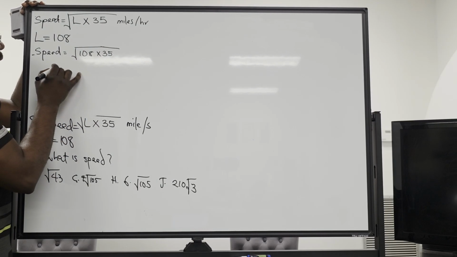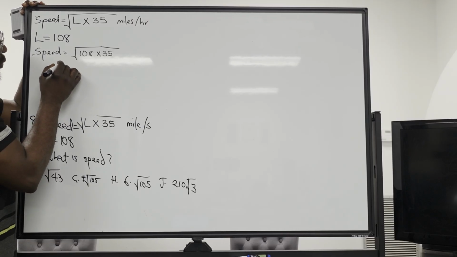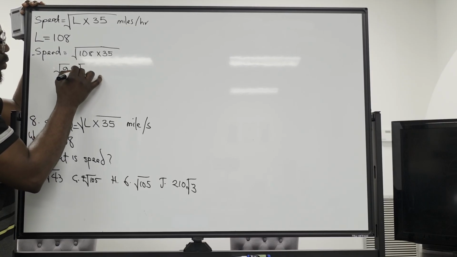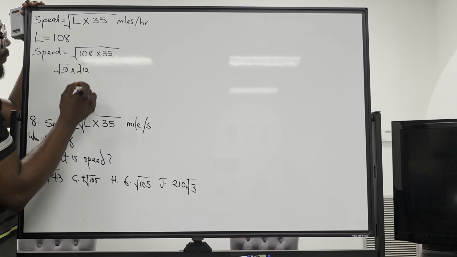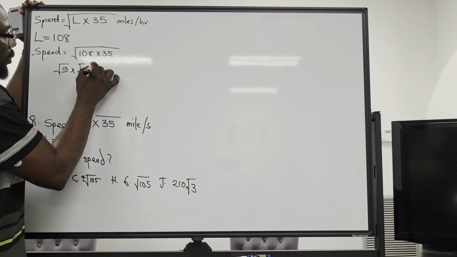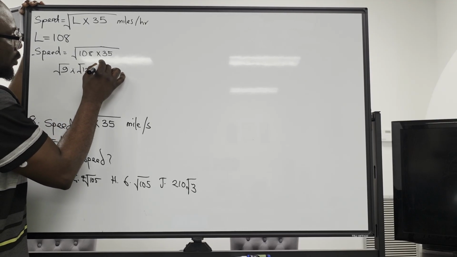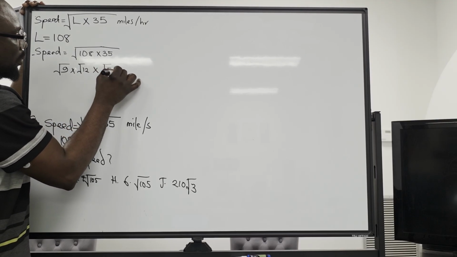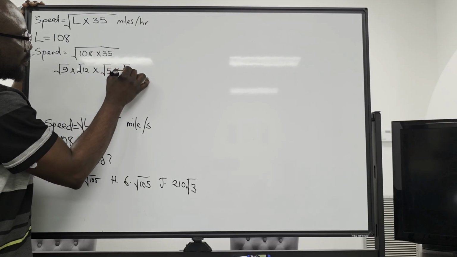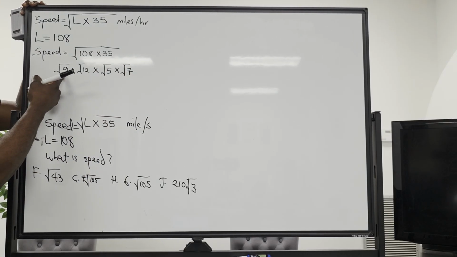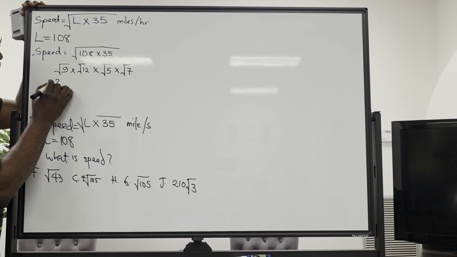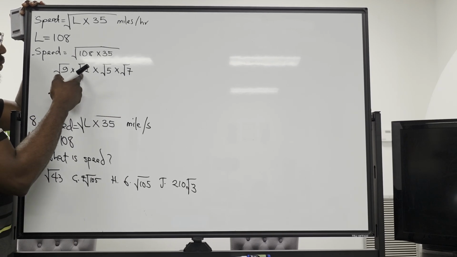108 is the same thing as 9 times 12, right? So that's square root of 9 times square root of 12. And 35 is 5 times 7, so square root of 5 times square root of 7. Square root of 9 is 3 times square root of 12.